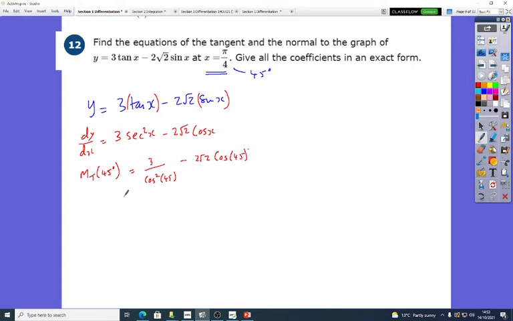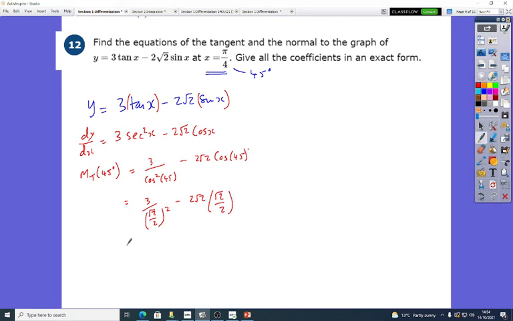Now you should know that cos 45 degrees is root 2 over 2, so I'll get 3 over (root 2 over 2) squared, minus 2 root 2 times root 2 over 2.